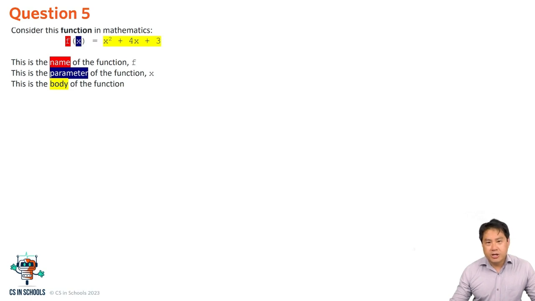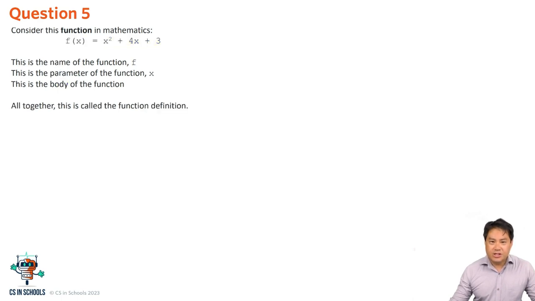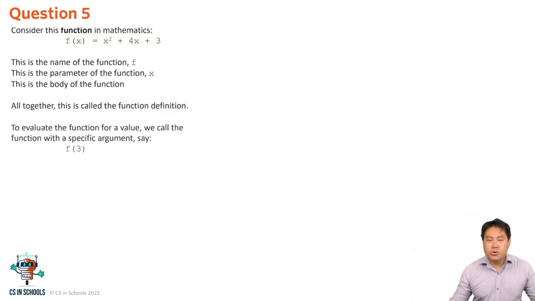These three terms are also going to be applied to the concept of a function in pseudocode. Altogether, this is called the function definition. In mathematics, to evaluate the function for a value, we say that we call the function with a specific argument. Let's say f of 3.